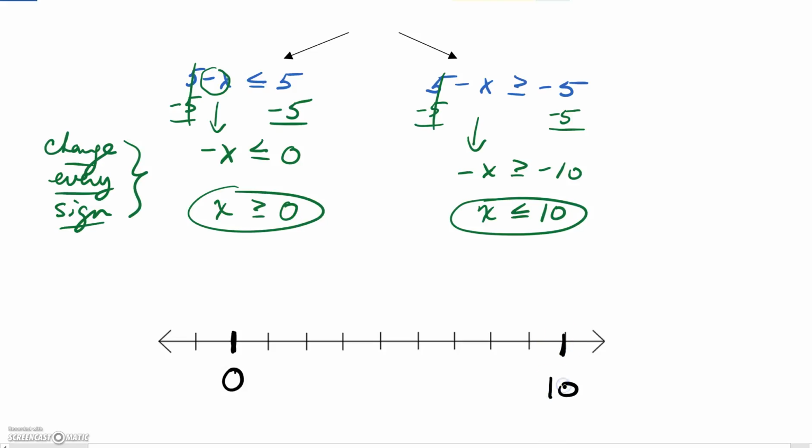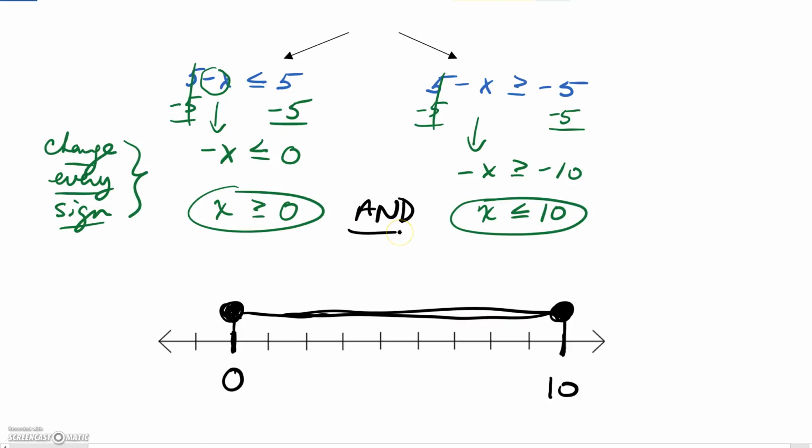I'll put 10 right here. Now, less than or equal to and greater than or equal to, so we need dots. So we put our dots on like that. And let's see, if we're greater than 0, we got to go this way, and if we're less than 10, we got to go this way. And there's our solution. This is clearly an and inequality.